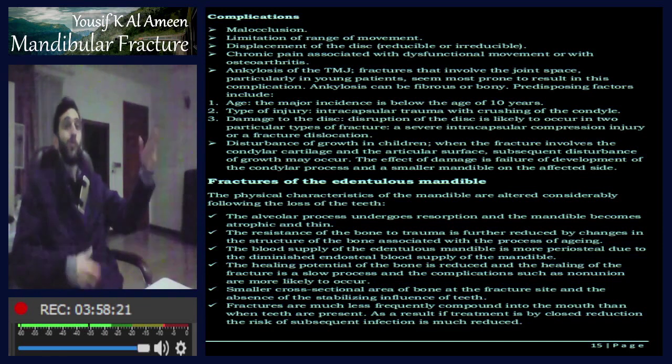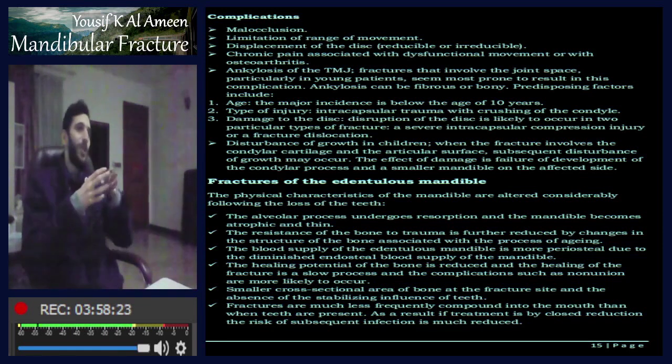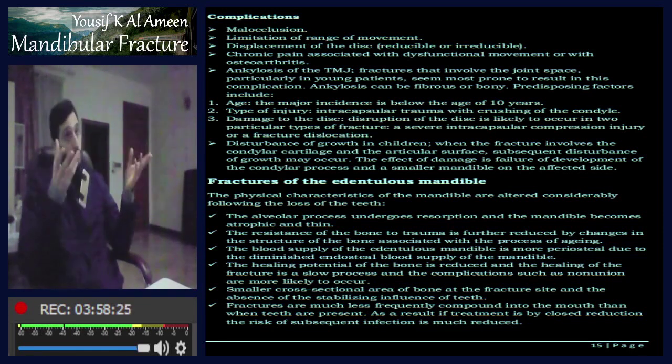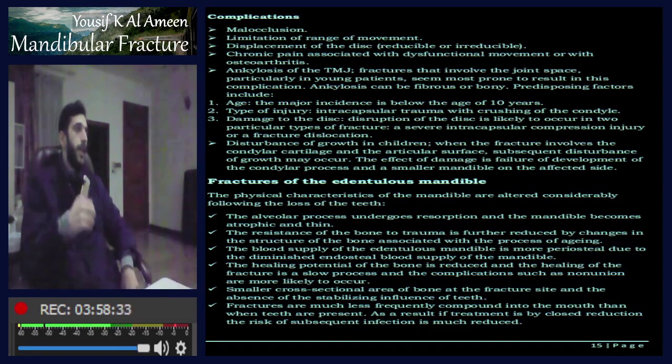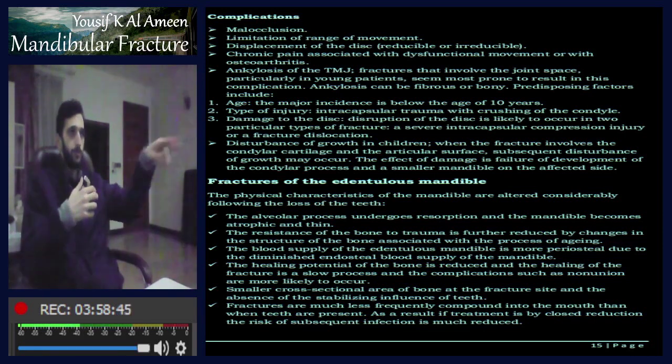Number 3 includes damage to the disc. This rupture of the disc is likely to occur in two particular types of fracture: a severe intracapsular compression injury or a fracture dislocation.